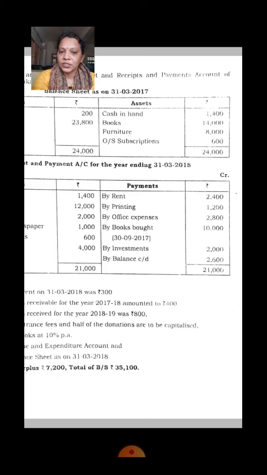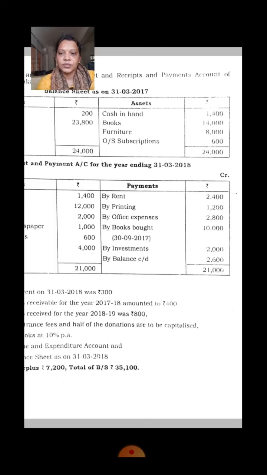Then books bought 10,000. See, books are the asset, so purchases made during the year 10,000, and they have given the date of purchase as 30th September, meaning the middle of the year. We have to leave out 30 September because it is the last day.